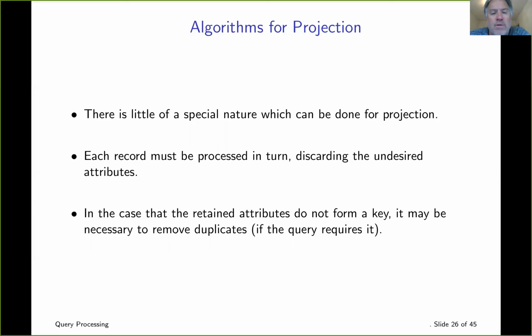The way you do that is you have a giant hash table. As values are coming by in the projection, before you report them, you check to see if it's already in the hash, and if it is, you just ignore it, right? So that's how you remove duplicates, just with a hash table.